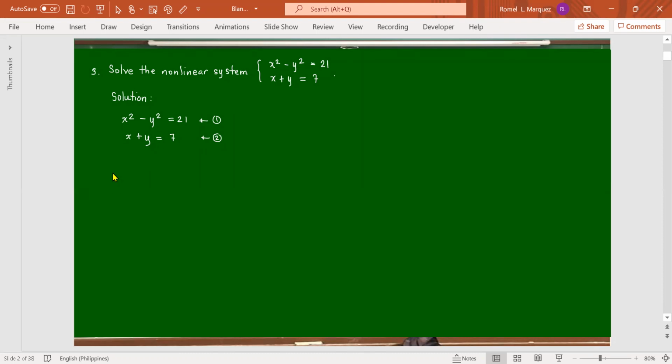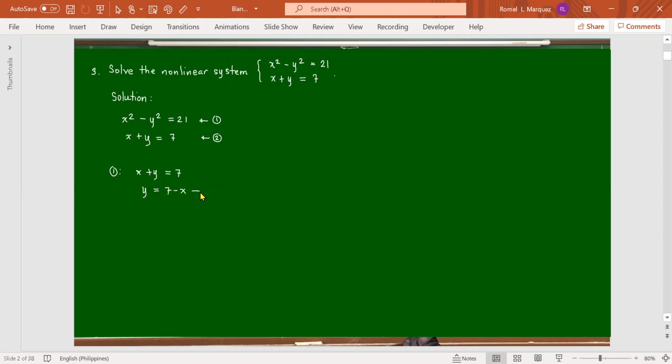Now, from equation number 1, we can solve y or x in terms of the other variable. Let's say we want to solve for y in terms of x. We get y equals 7 minus x.